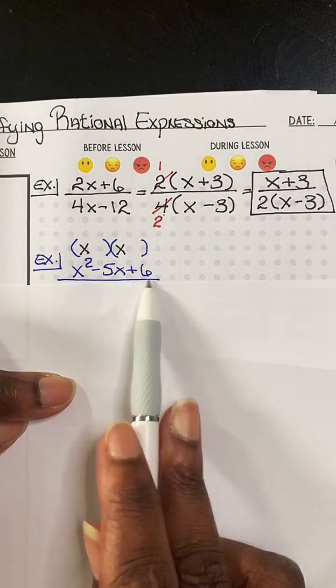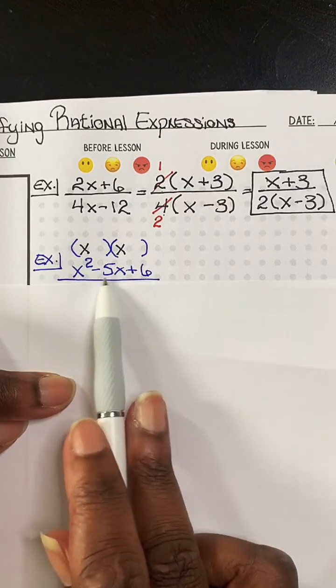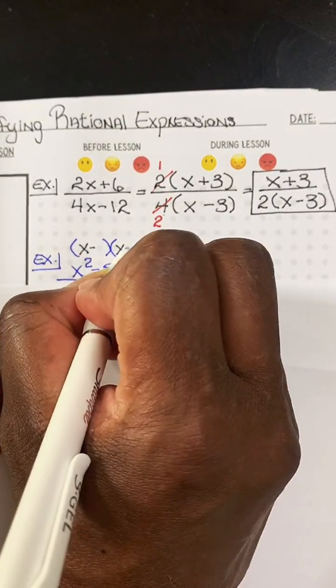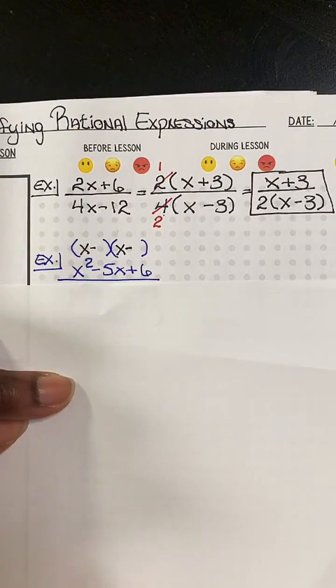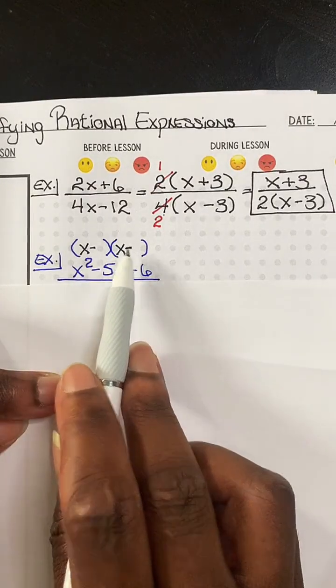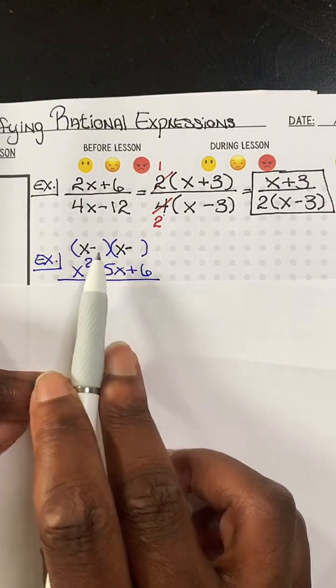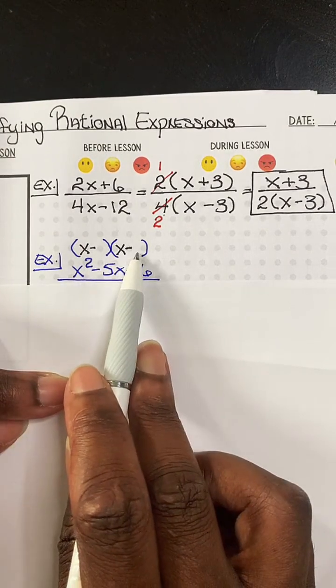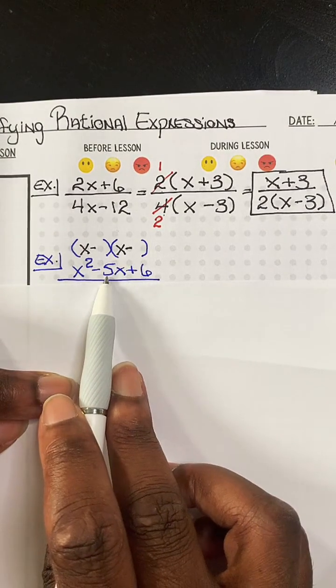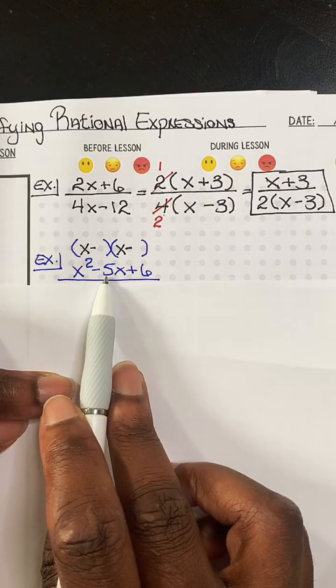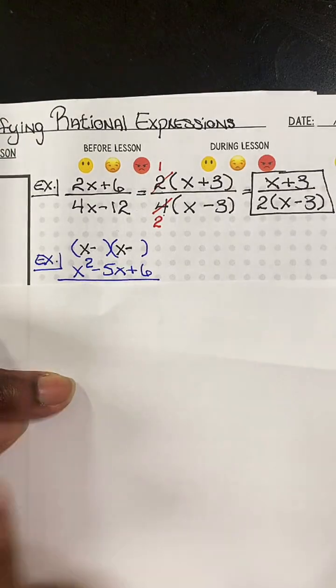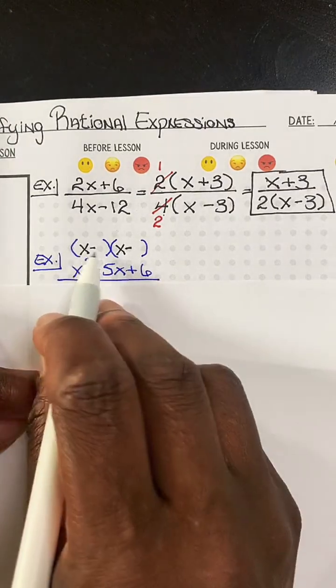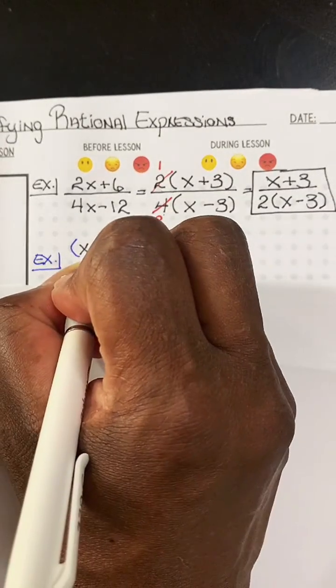So if this is positive and this is negative, that means both of our signs are going to have to be negative. Because a negative times a negative gives me a positive, and a negative plus a negative will give me a negative. So I agree with the 3 and the 2, but make sure that they're negative.